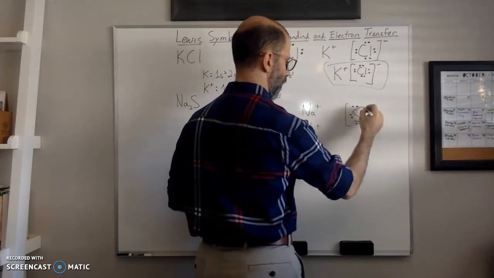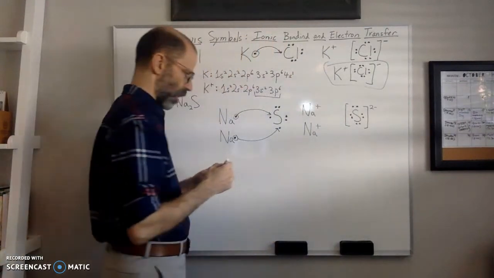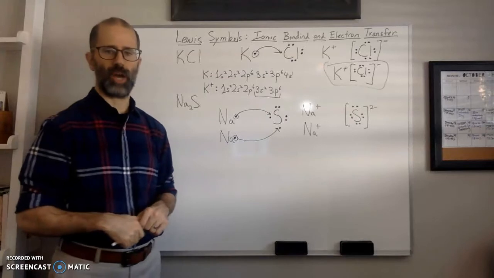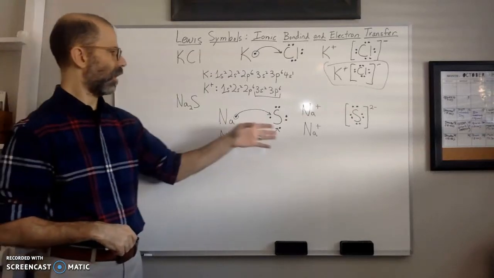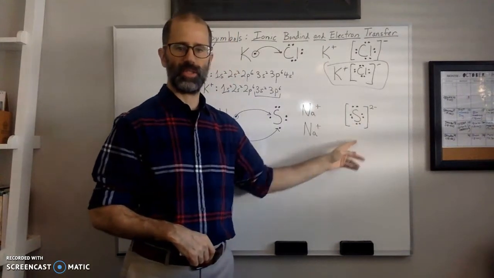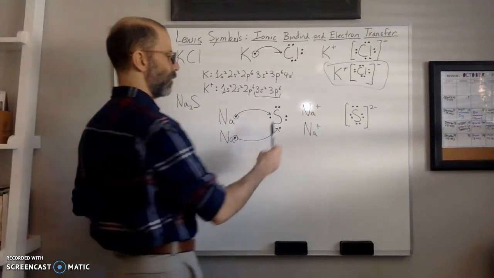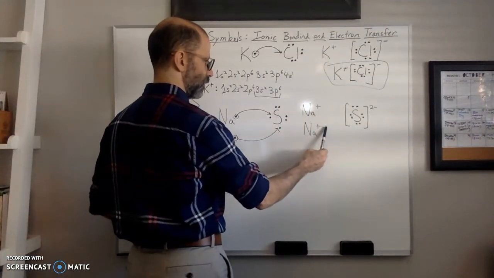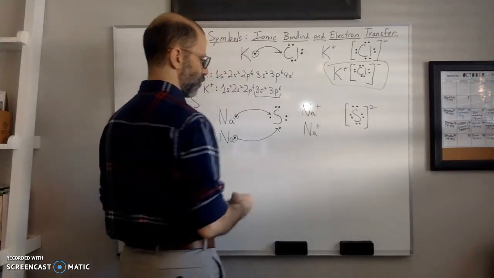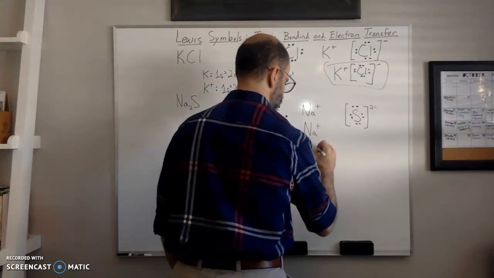So we're going to have square brackets, and we're going to have the 2 negative charge on the outside. This is the way we draw our Lewis symbol for sulfide. So now we have 2 positive charges and a 2 negative, that's going to balance out the charge.